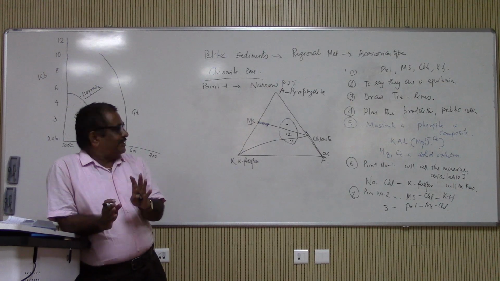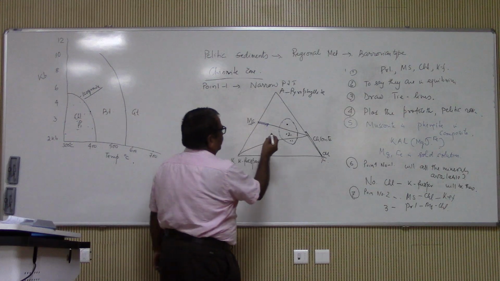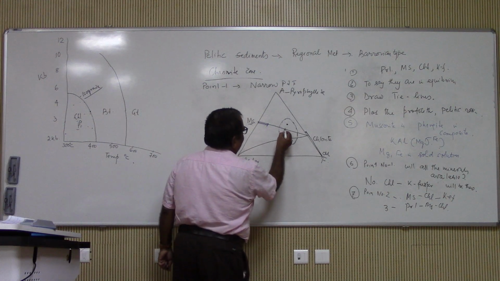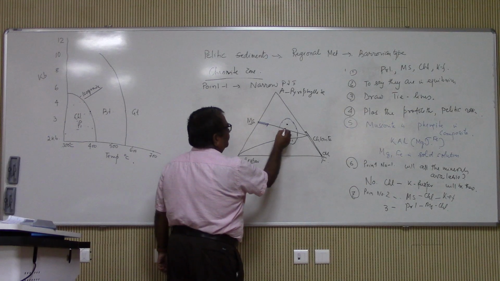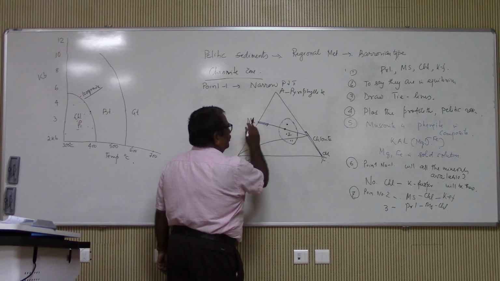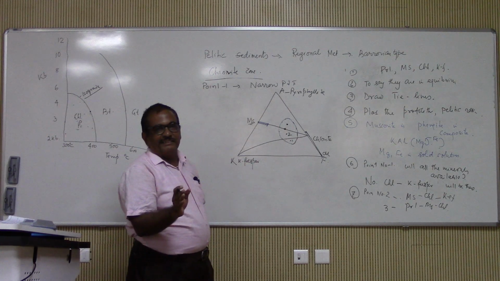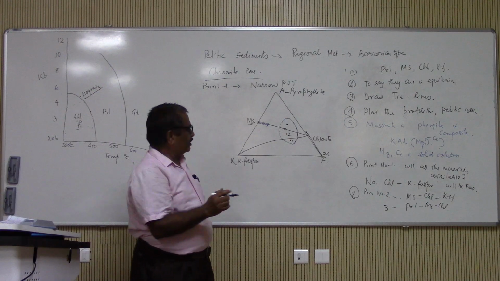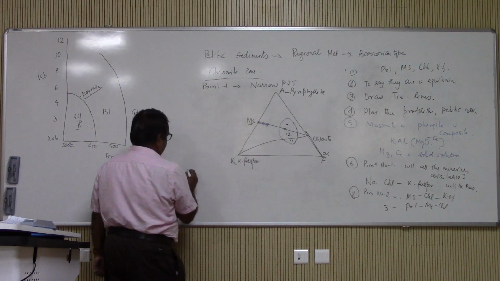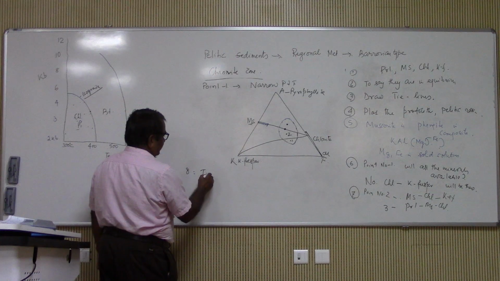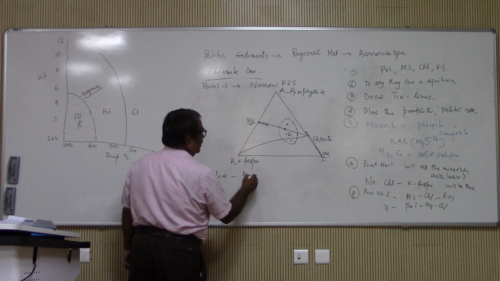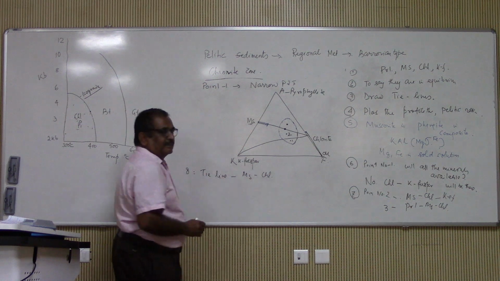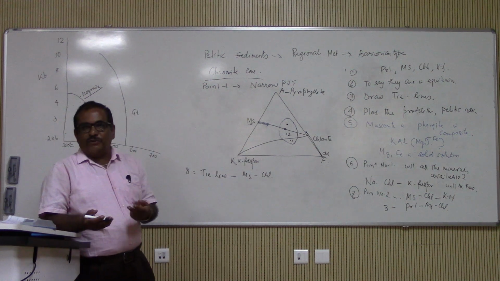तो आउट ऑफ दिस थ्री, अच्छा एक सपोज आई एम टेकिंग ए पॉइंट हियर ऑन द टाई लाइन इटसेल्फ, यहां ले लेता हूं तो इधर मस्कोवाइट क्लोराइड मिलेंगे. सपोज ऑन द टाई लाइन, मस्कोवाइट और क्लोराइड, उधर मोर मस्कोवाइट और मोर क्लोराइड.